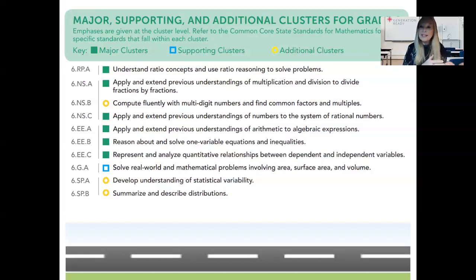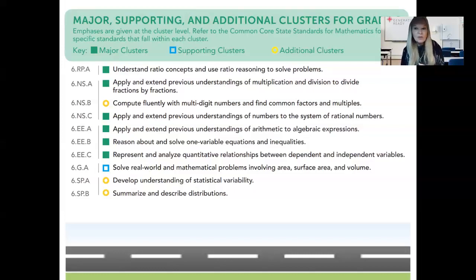So we're going to extend that fraction knowledge even more. They gained a lot of fraction knowledge in 4th and 5th grade, only the equivalence and the understanding of a fraction in 3rd. But we're really growing that operational sense in 6th grade. We go down to apply and extend previous understandings of numbers to the system of rational numbers.